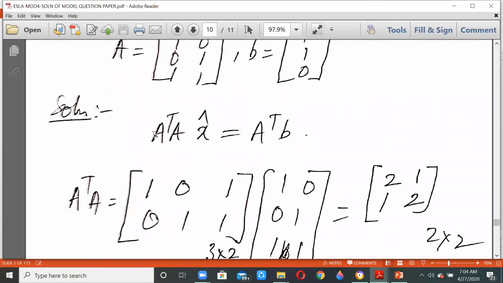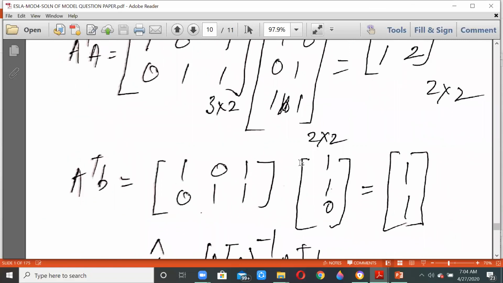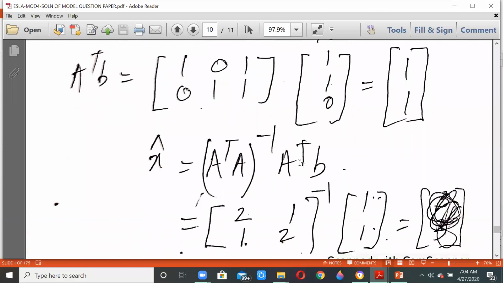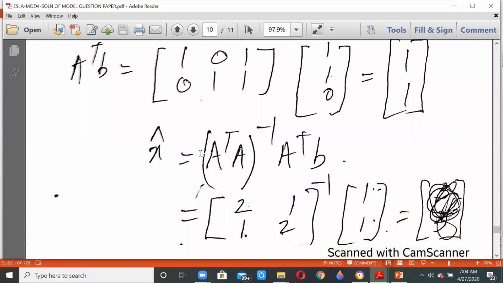For that, again we need to write AᵀA x̂ equal to Aᵀb. So AᵀA you can find over here, we'll get it like this. Aᵀb you can also find. Then x̂ will be equal to (AᵀA) inverse Aᵀb, and we are writing AᵀA, whatever we have got, inverse multiplied by Aᵀb, which is taken from here.